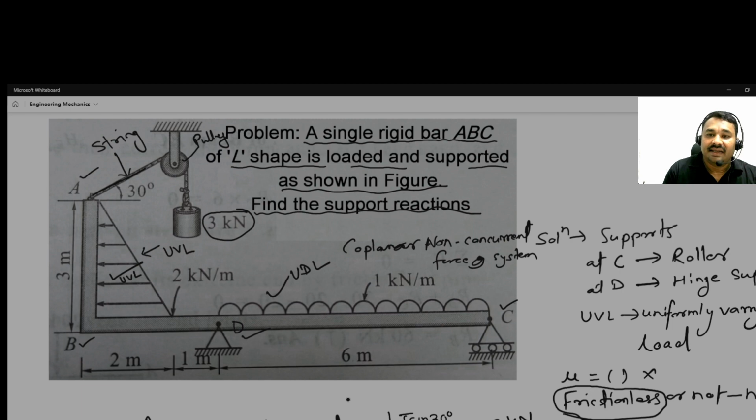That's why all three equilibrium conditions we need to satisfy: summation of Fx, summation of Fy, and summation of M is equal to 0.